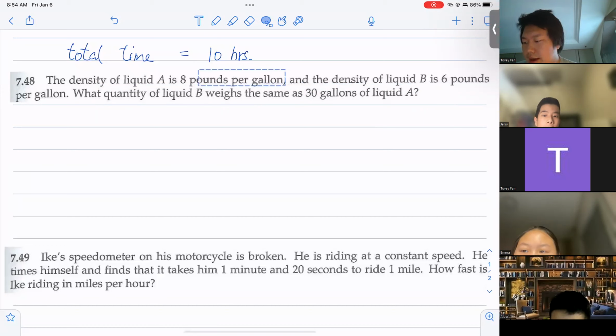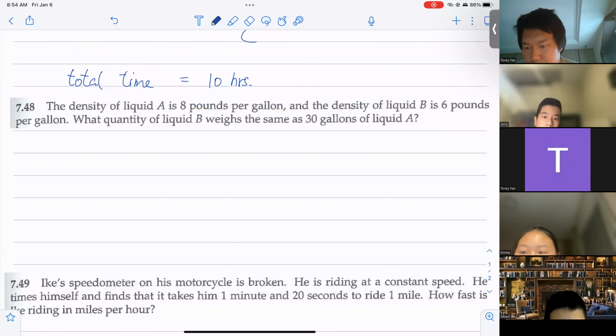Okay, what do you think? How do you find the weight of 30 gallons? 240. Yeah, just times them, right? To be specific, if you guys remember, we did something called unit conversion. So if you include the unit, it makes a lot more sense. So 30 gallons times, for liquid A, that's 8 pounds per gallon.